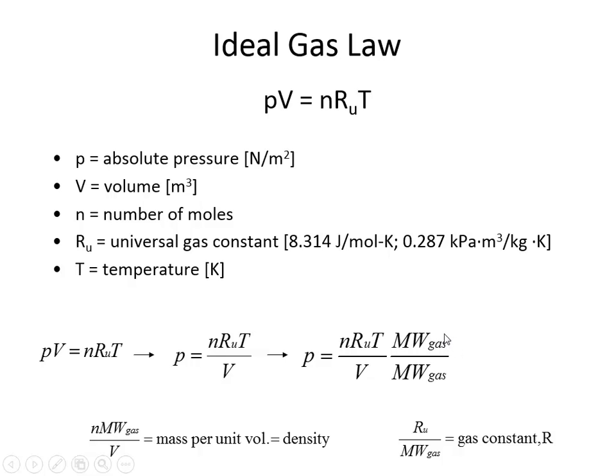Molecular weight of oxygen gas is 32 grams per mole, and so on. So if you know the molecular weight of the gas and you substitute in the gas law constant, basically what it ultimately leads to is an expression that has the density, the specific R for the gas in question.